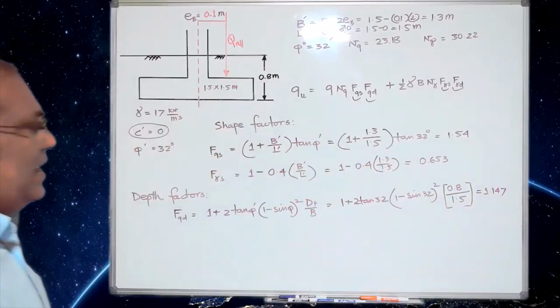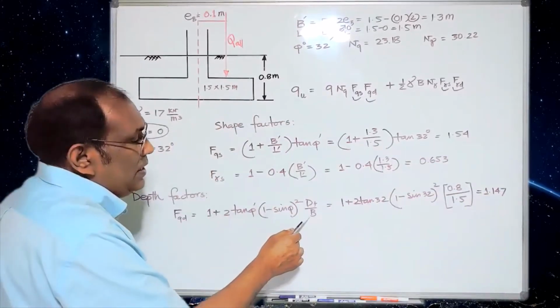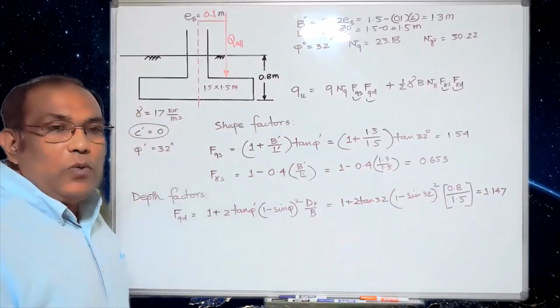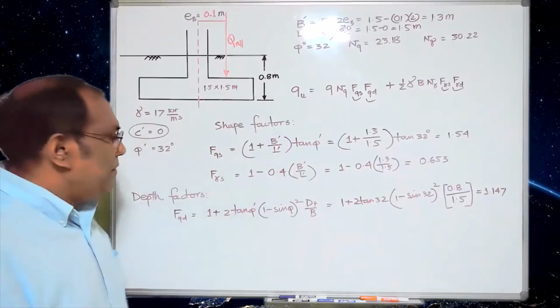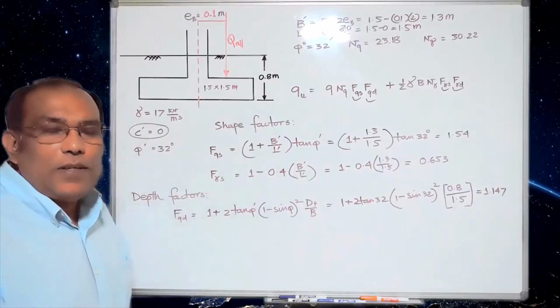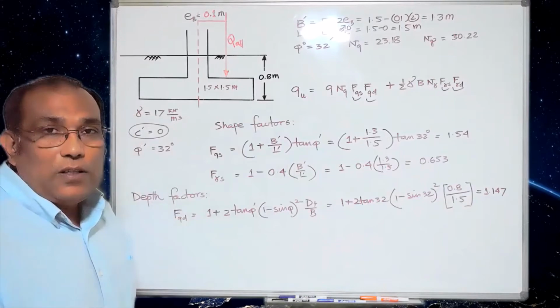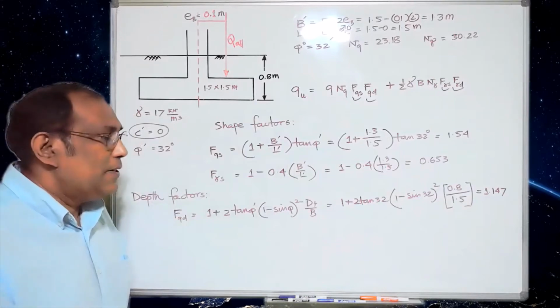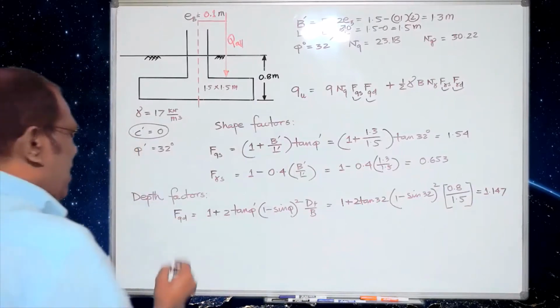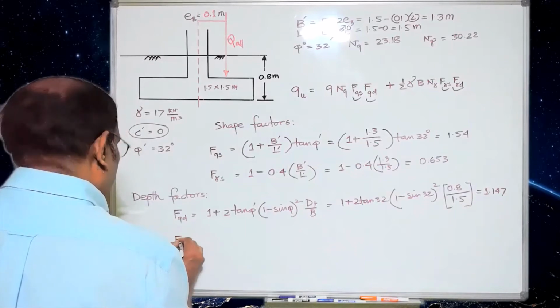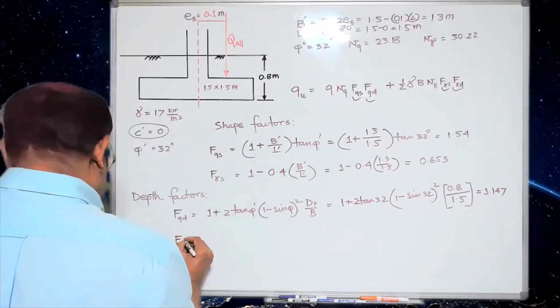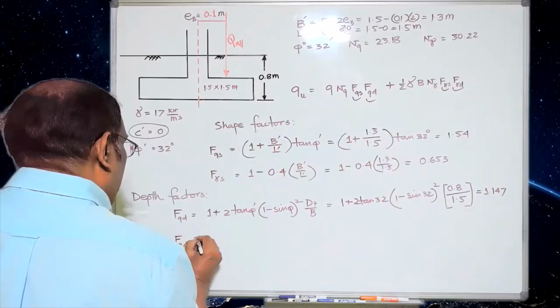So you can see here I'm using B, the original width, to find out my depth factors. That's a very important thing that you have to remember. Similarly, the other depth factor, F gamma D, is by default 1.